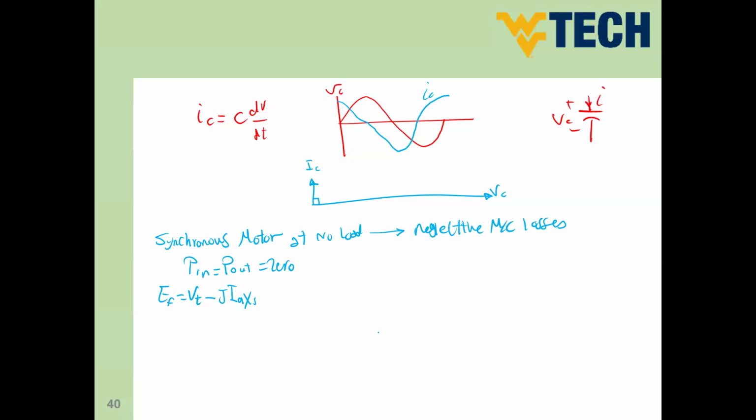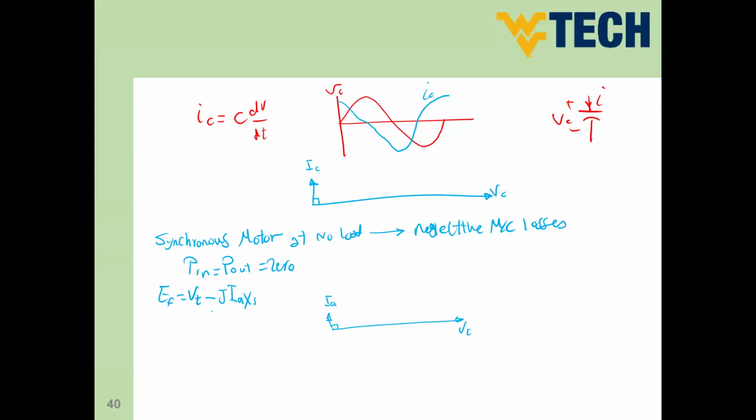So if we draw the phasor diagram of the motor, this is going to be V terminal, the reference. IA, in this case of overexcitation, is going to be leading, and you will find that it's leading by 90 degrees, which is typically like the capacitor. So this is the armature current.